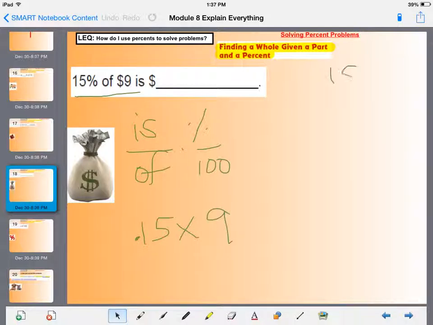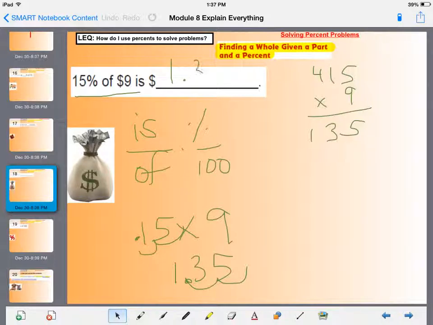And I go off to the side and I do 15 times 9, and that is 135. But I can't forget to bring over my decimal point 2 times, and so my answer is $1.35. So 15% of $9 is $1.35.